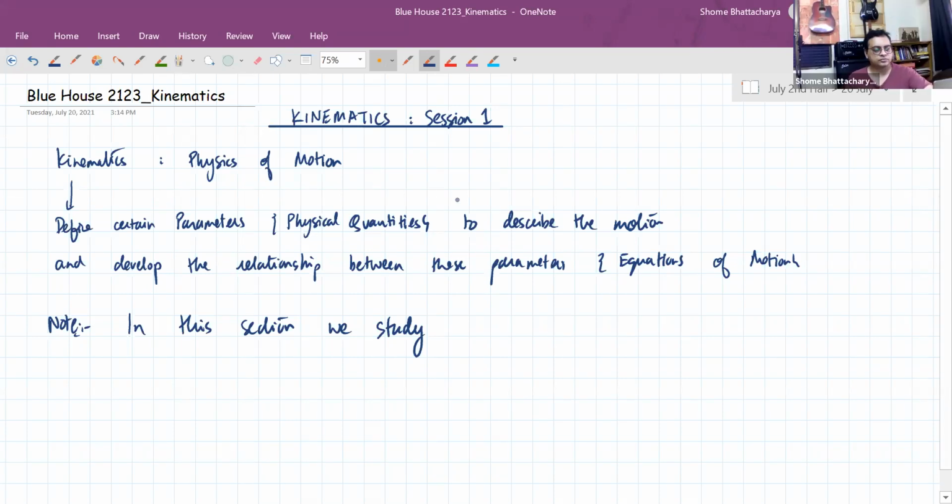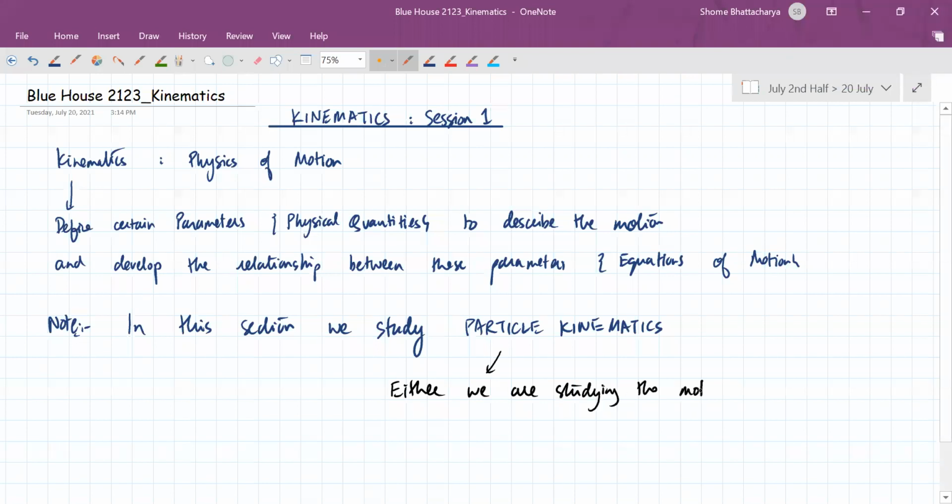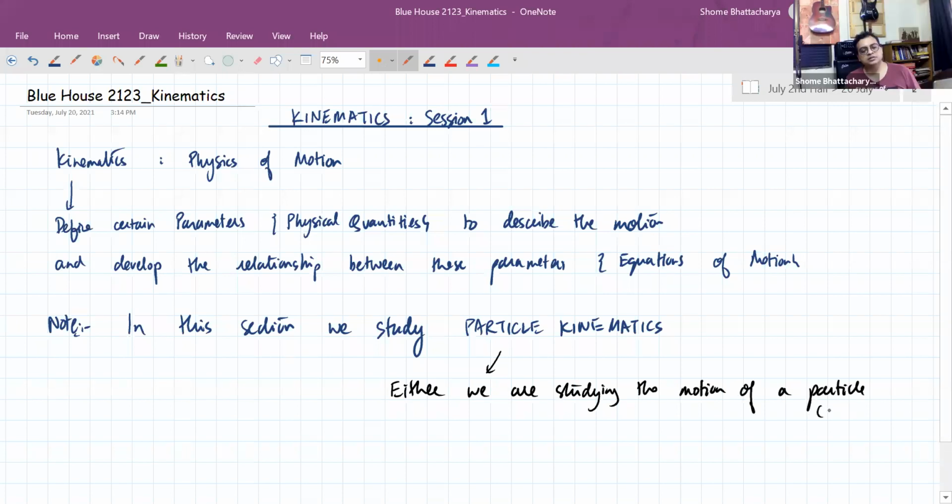Okay? Got it. So in this section of kinematics, we study what is called particle kinematics. Let me elaborate on this a little bit. What we mean by particle kinematics here is that either we are studying the motion of a particle itself, and a particle is nothing but a point mass. So it is something very abstract in that sense.